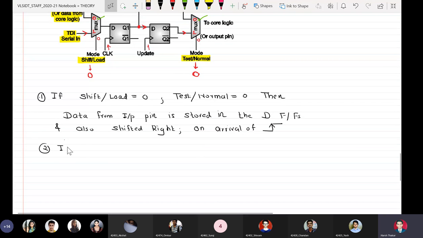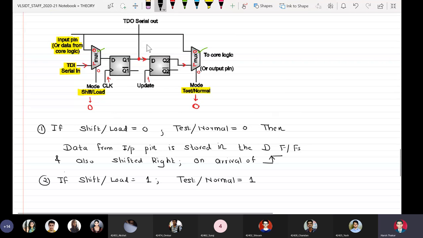Okay, so on the other hand, if shift or load equal to 1, and also test slash normal equal to 1, what will happen is this.